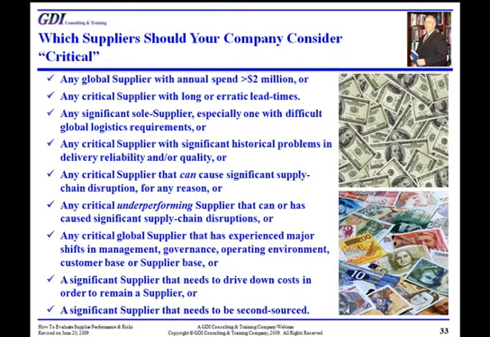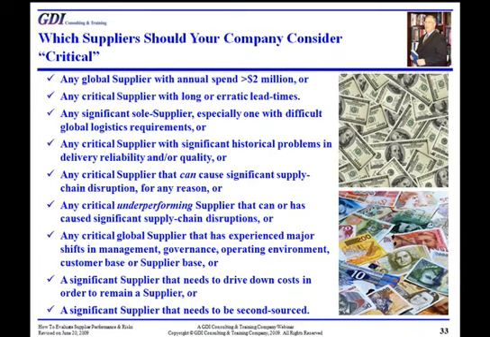These all are reasons for doing these. And any critical supplier that can cause a significant supply chain disruption for any reason at all has to be looked at. And any critical underperforming supplier, I probably should add that you can't easily replace and has caused significant damage, you probably need to do that.